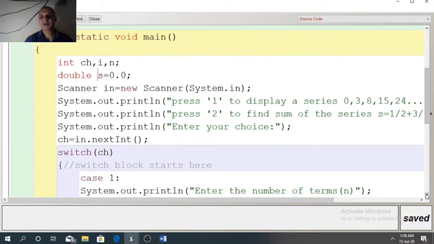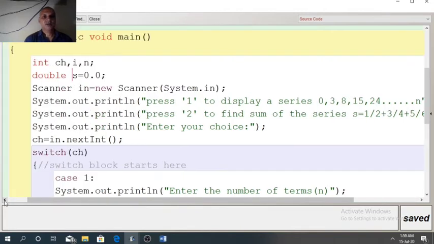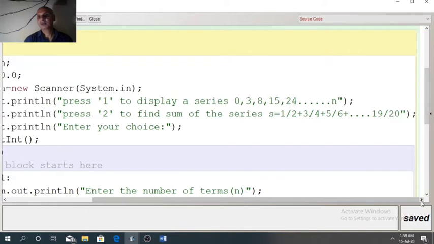Press 1 to display first series, that is 0, 3, 8, 15 and 24 up to n. Press 2 to find the sum of the series. S equal to 1 by 2 plus 3 by 4 plus 5 by 6 up to 19 by 20.